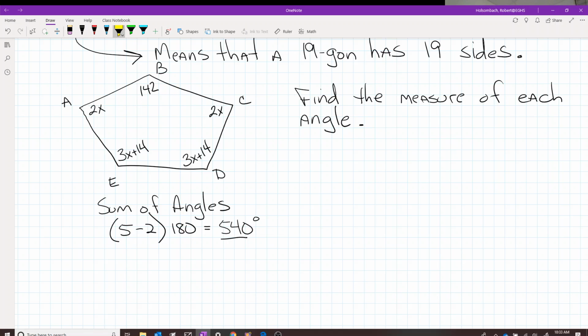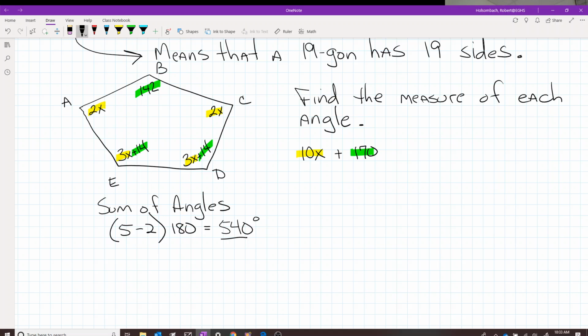So we're going to write an equation: 2x plus 3x plus 3x plus 2x, which is 10x, plus 142, 14, and 14, and that is 170.